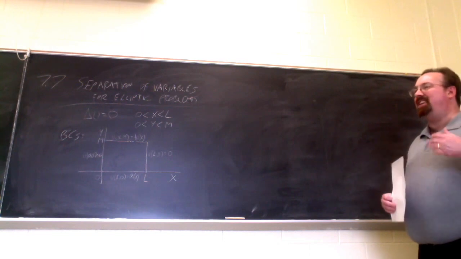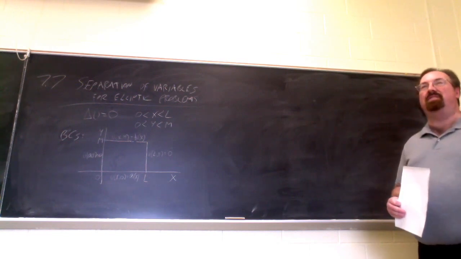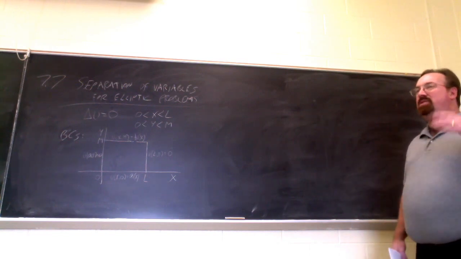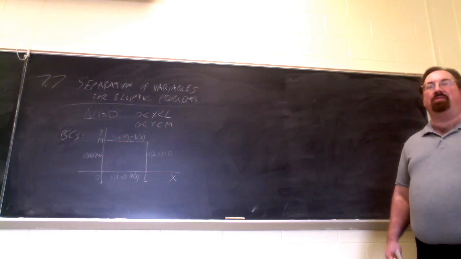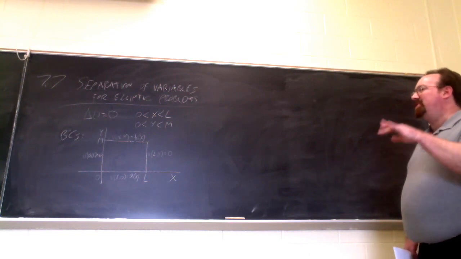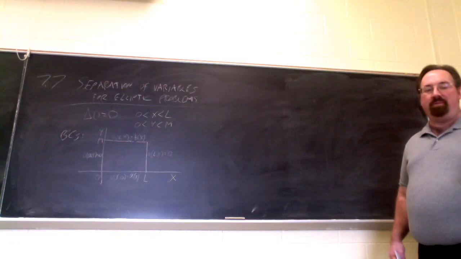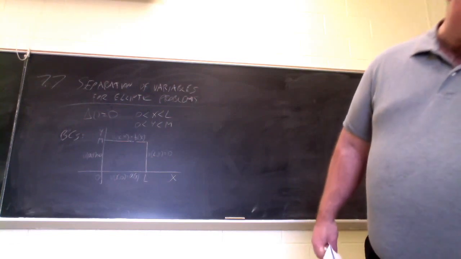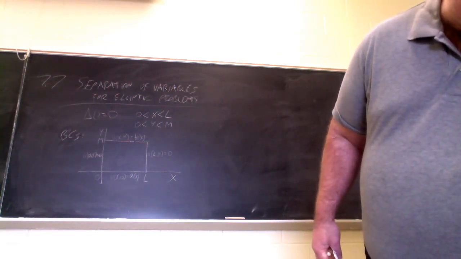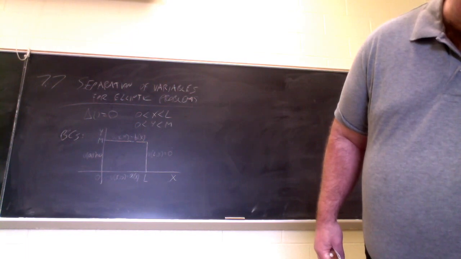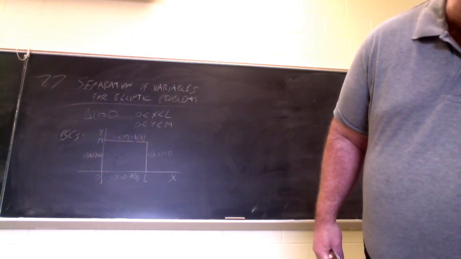It's just that because the sign is different, the behavior of a solution is completely different. Because the wave equation is utt minus uxx equals 0, and here we have uxx plus uyy equals 0. So mathematically, a lot of it can be done the same way, but you just get a very different result.